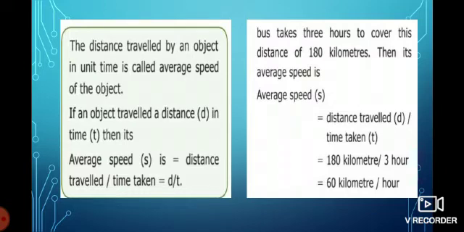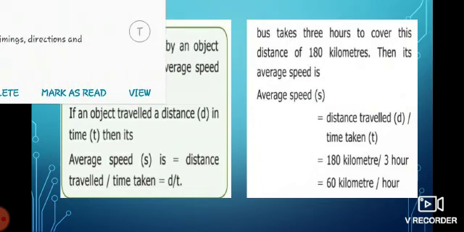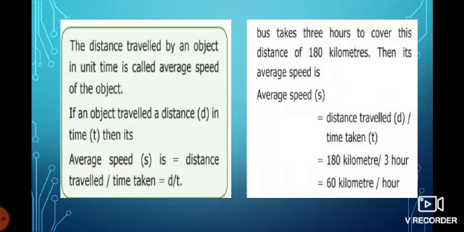The average speed S is calculated by the formula distance travelled D by time taken T. Here the bus travels a distance of 180 kilometers in 3 hours. So 180 by 3 is 60 kilometers per hour, the speed of the bus. This is the way to calculate the average speed of an object.